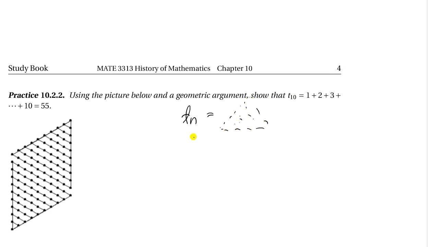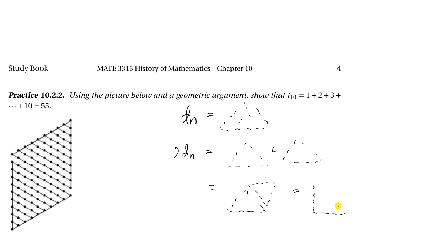And 2 times T sub n means we put two of these triangle shapes of a collection of points together. But if you place them nicely like this and push a little bit, then actually you can arrange our triangle in this manner.